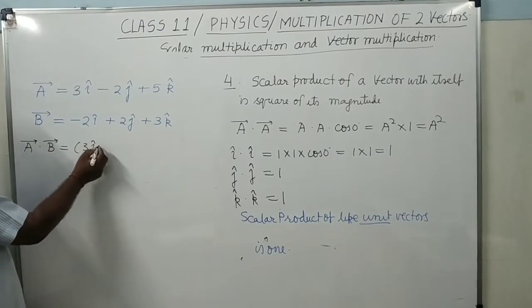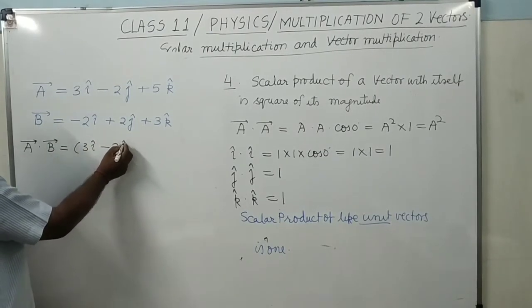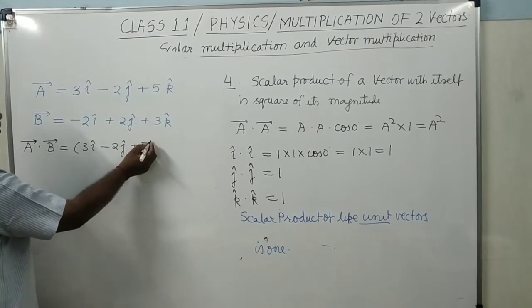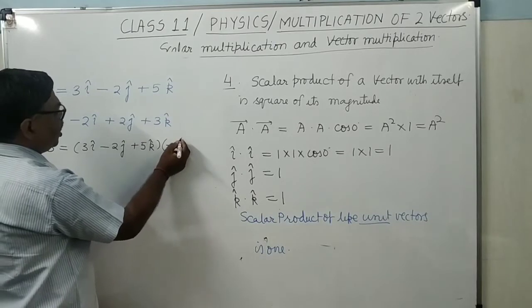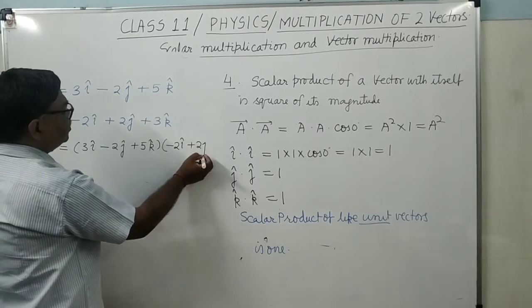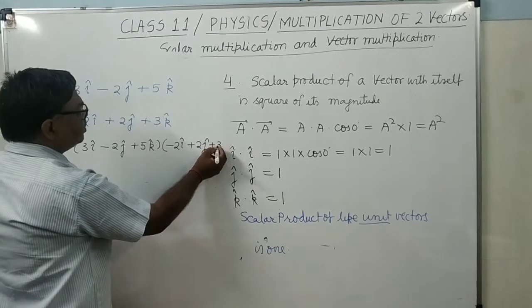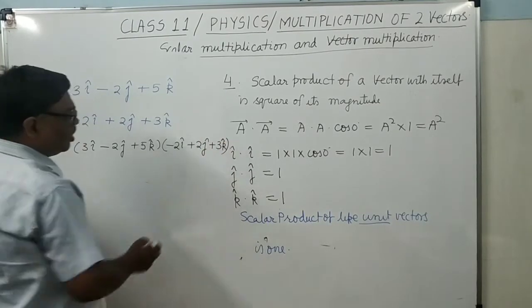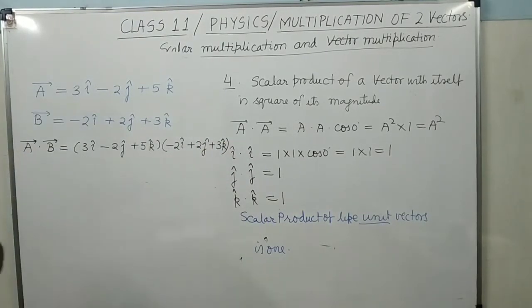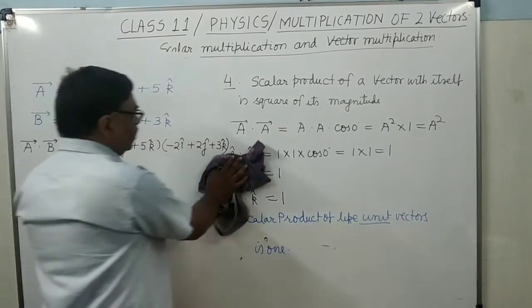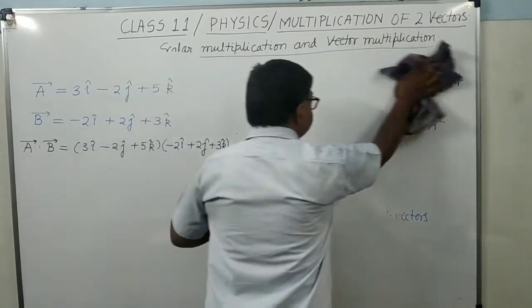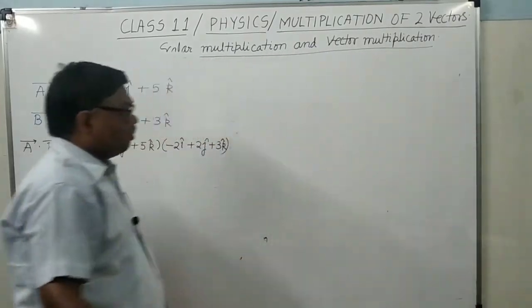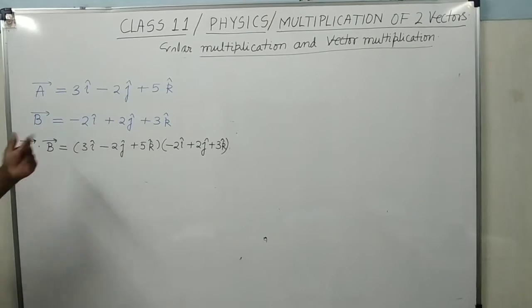So 3i minus 2j plus 5k, then here it is minus 2i plus 2j plus 3k. It's clear. Now there is a simple multiplication procedure here that you will apply.